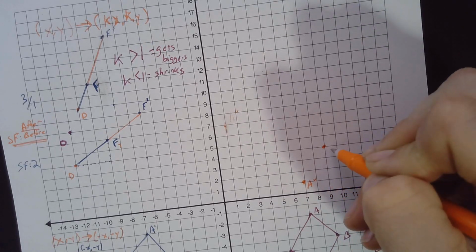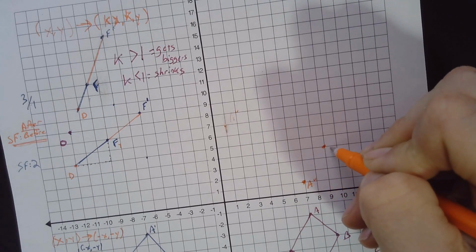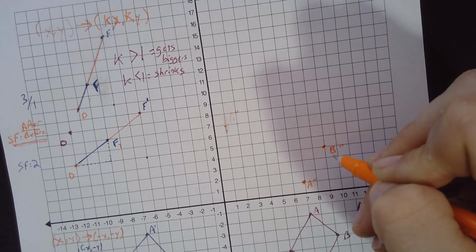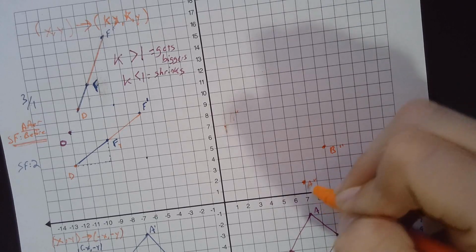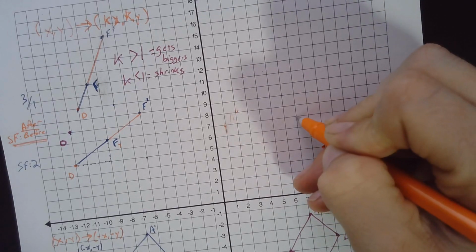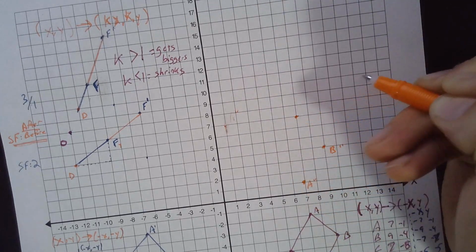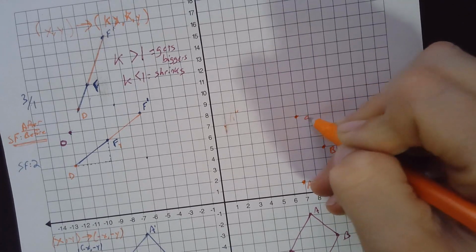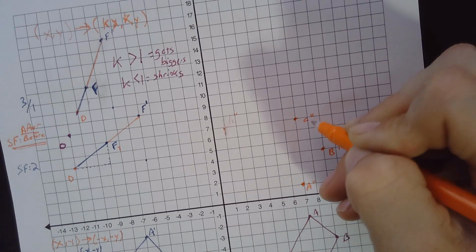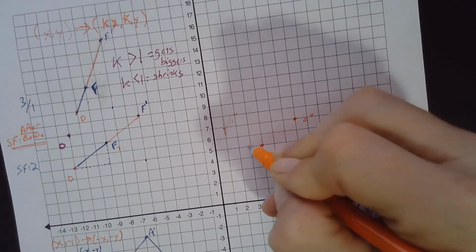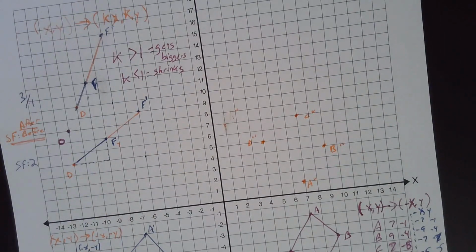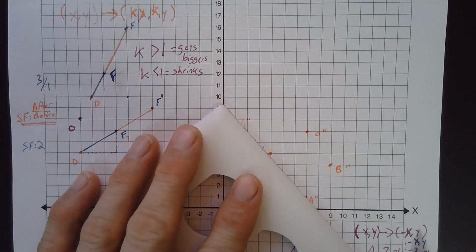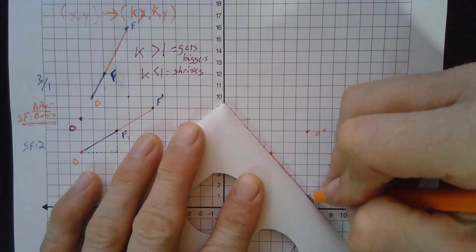That's B double prime. Let's see. C is going to be 7 and 7. That's C double prime. And D is going to be 5 and 5. D double prime. And if you can't figure out what that was, it was a rotation of 180 degrees.